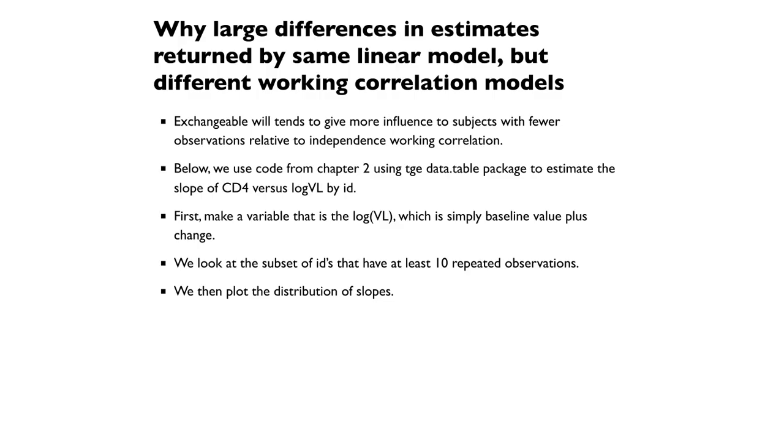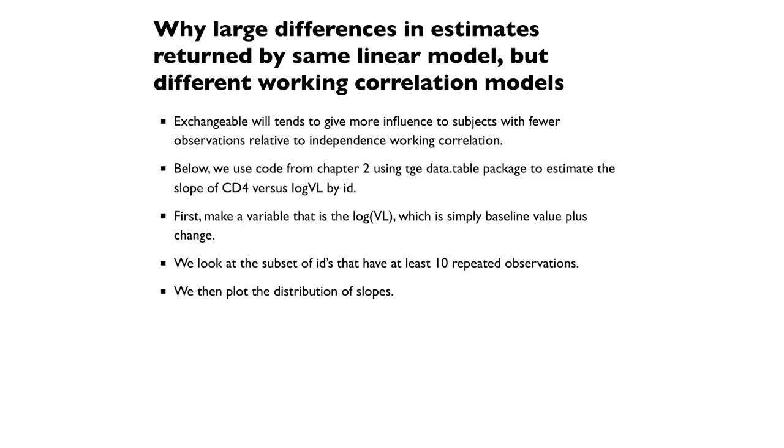So we start out with independence. If you have 100 times more observations than that one person, you're going to be 100 times more influential for the regression. So your data is going to matter a lot more for that estimate than somebody that has one observation or two observations, et cetera, right?